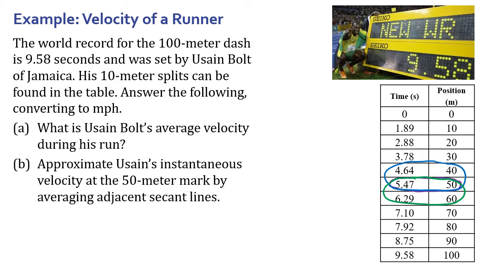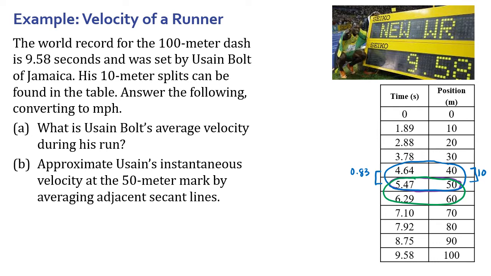Let's look at what happens as he's approaching it. So as he's going from the position of 40 meters up to 50 meters, if I found the slope of the secant line there, I would be taking the change in y values, which we can see here is 10, and then dividing that by the change in x values, which ends up being 0.83 when you take 5.47 minus 4.64.